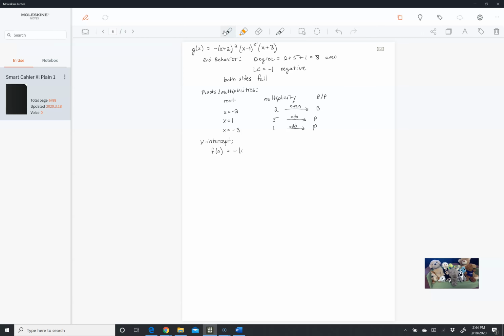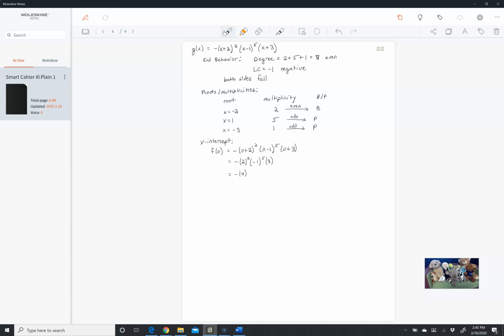So we have -(0 plus 2) squared, (0 minus 1) to the 5th, (0 plus 3), which gives us -2 squared, (-1) to the 5th, and 3. Only the 2 is being squared, not the -2. So -4, (-1) to the 5th.